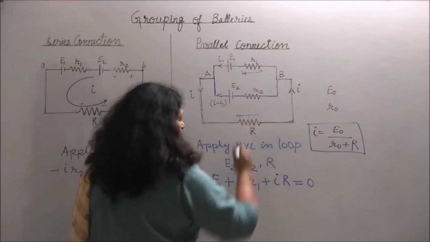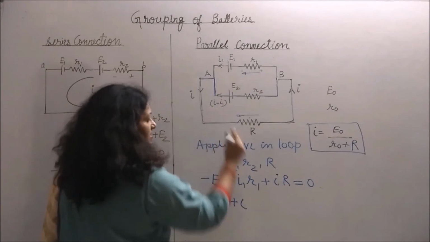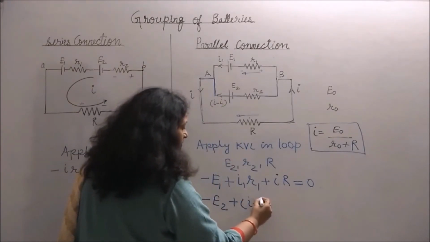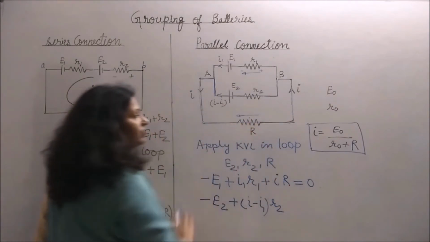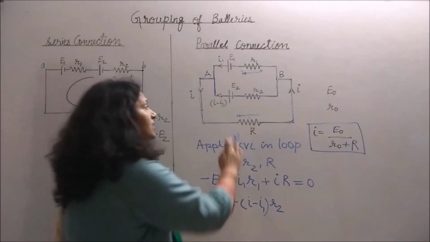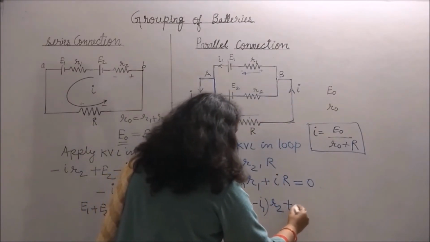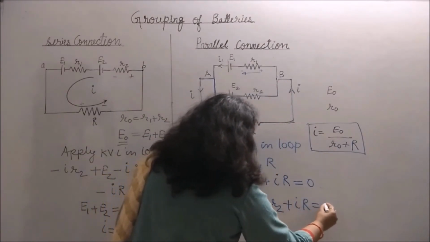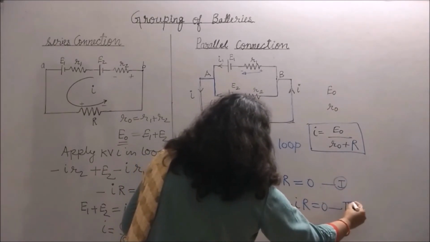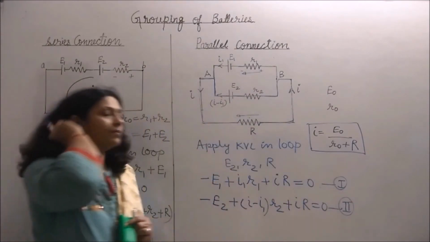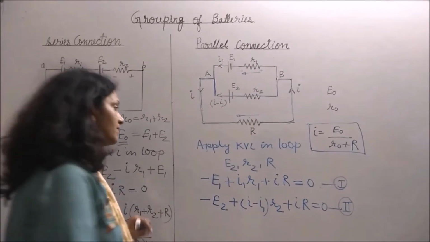Then we are moving opposite to current, so plus. Current here is I minus I1 multiplied by R2. Again we are moving opposite to current. Our current is flowing in this direction, so plus will come, IR is equal to 0. This is our second equation we got by applying KVL in two different loops.